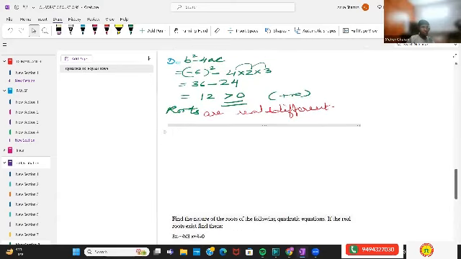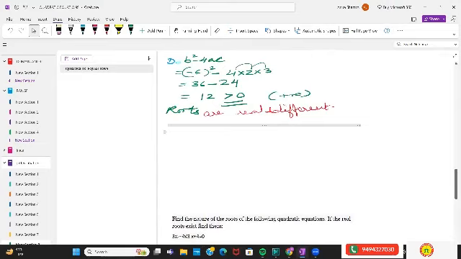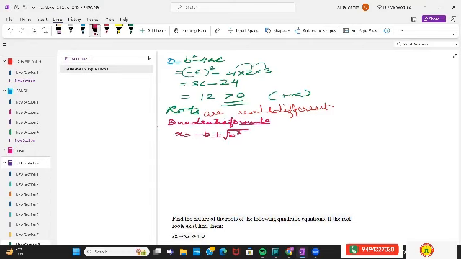Okay. Now, if roots are real and different, then in this case you have to evaluate them also. So first of all, you will apply the quadratic formula. By quadratic formula, x is equal to minus b plus minus square root of b square minus 4ac upon 2a.